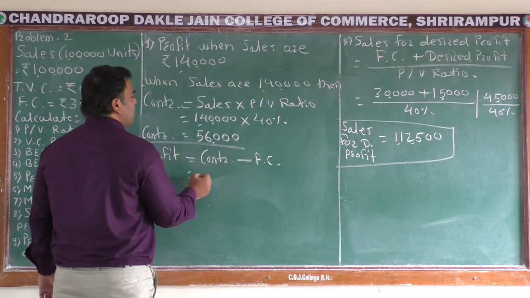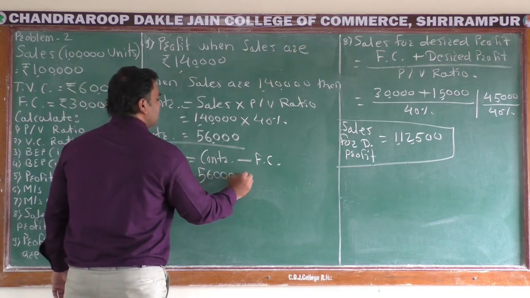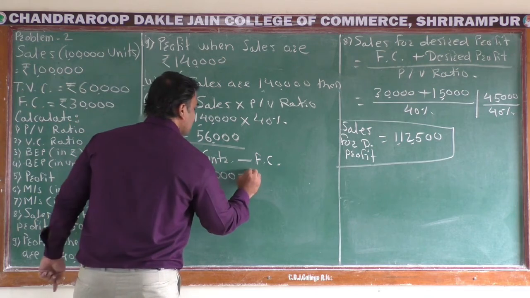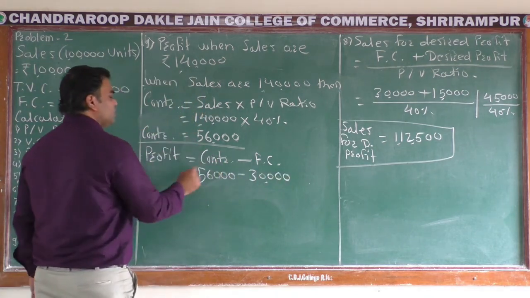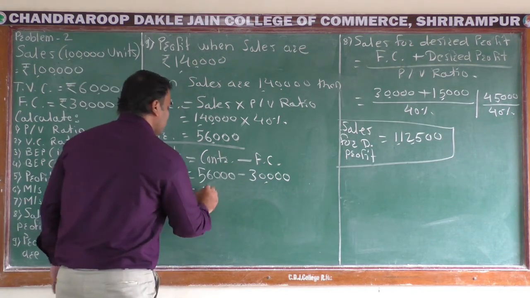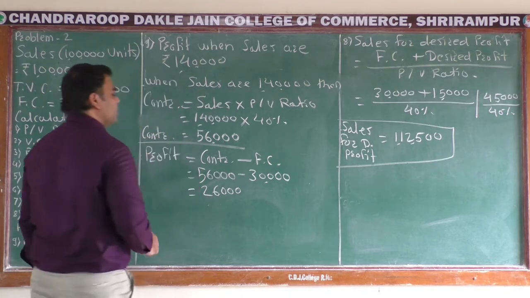Here the contribution amount is 56,000 less fixed cost, which is 30,000, equal to 26,000, the amount of profit.